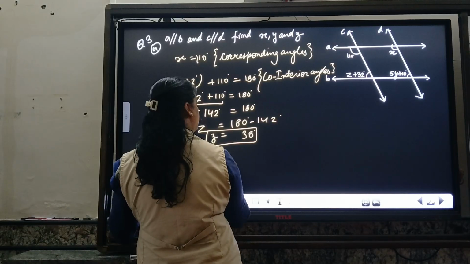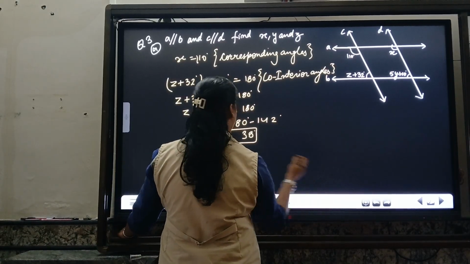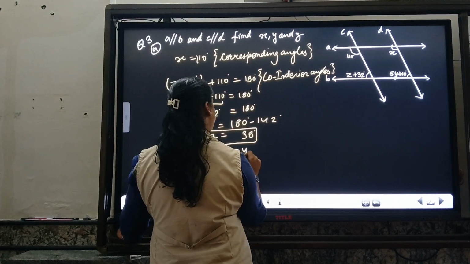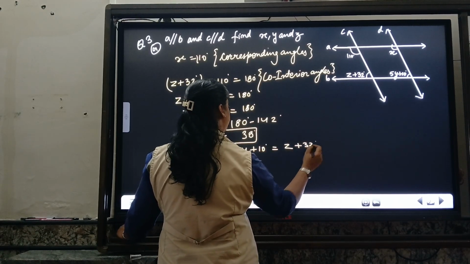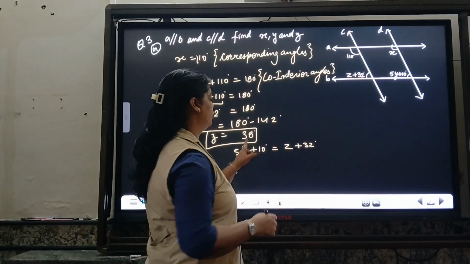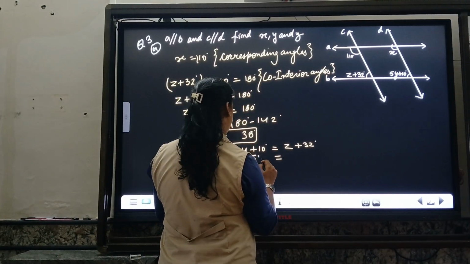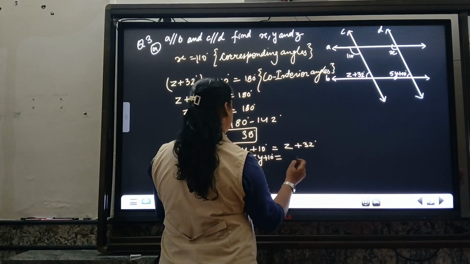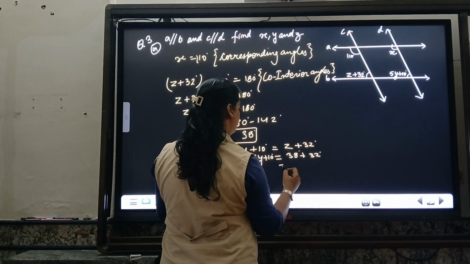Now first I will write y because I want to find the value of y. 5y plus 10 degree is equal to z plus 32 degree. So in place of z I am going to write 38, which we know from the previous equation, plus 10 degree, and here I will write 38 plus 32 degree. What will be the addition?